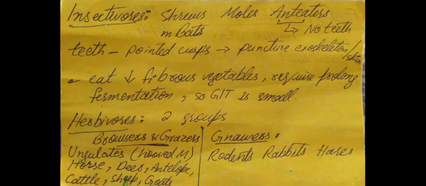Second category is herbivores. Herbivores are divided into 2 groups: browsers and grazers, and the second group is gnawers. Browsers and grazers are ungulates, hoofed mammals, like horses, deer, antelopes, cattle, sheep, and goats, while gnawers are rodents, rabbits, and hares.